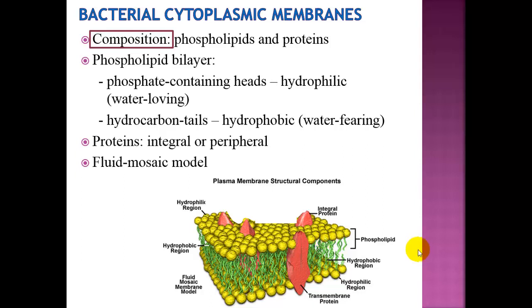The proteins found in the membrane can be integral proteins spanning all through the full layer of the bilayer membrane, or they can be on each side of the membrane, known as peripheral proteins.